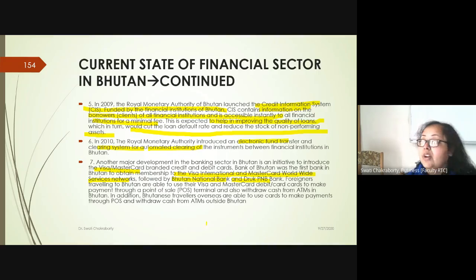So foreigners traveling to Bhutan are able to use their MasterCard and Visa debit and credit cards to make payments through a point of sale, and also withdraw cash from ATMs in Bhutan. Also, Bhutanese travelers who are overseas are able to use their cards to make payments through POS, and they can withdraw cash from ATMs outside Bhutan.